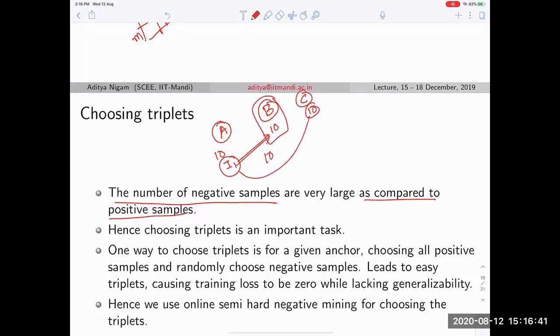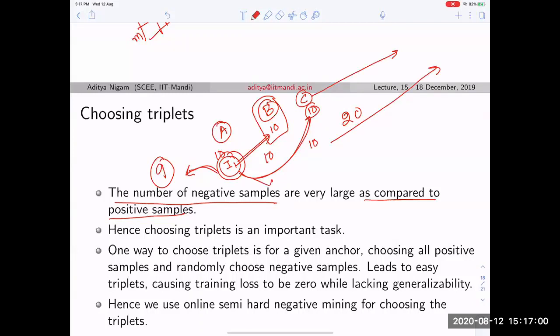With the other person, 10 more. So you have 20 negative pairs with respect to only one image. How many positive pairs can you make? Only 9. So if I increase the subjects, this number is going to increase drastically.